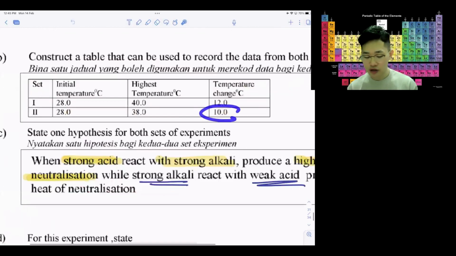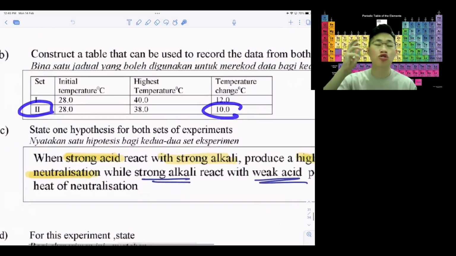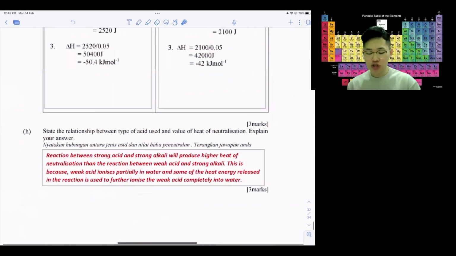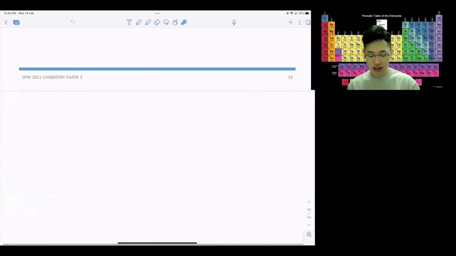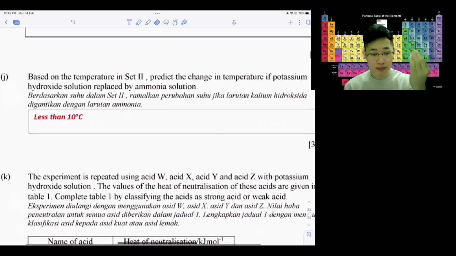Okay, the change in temperature for experiment set 2 is 10 degrees Celsius when a strong alkali and a weak acid are used. If we change it to both weak, then the value will be lower. So less than 10 degrees Celsius. Heat released is lower.